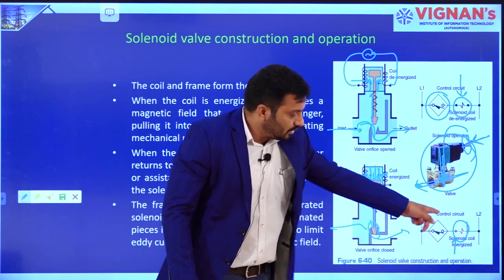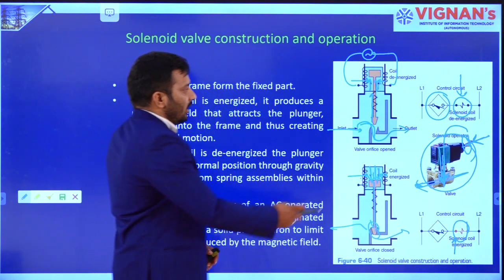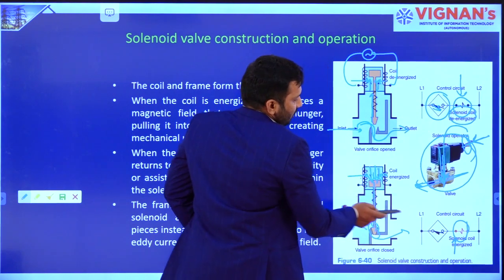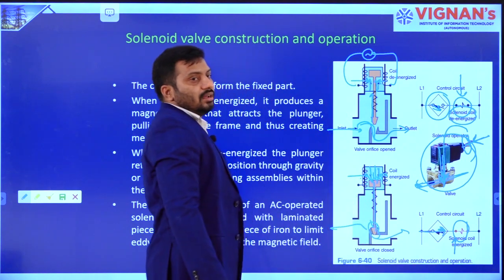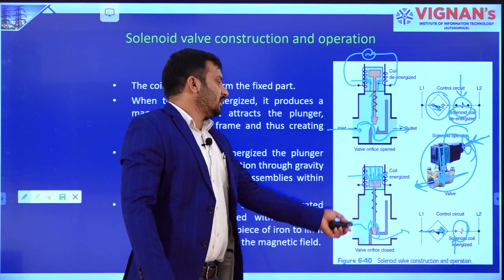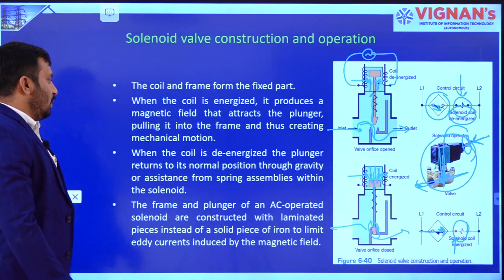Then the water flow or liquid flow does not take place, right. So here also, if it is de-energized, this is the open condition. If it is energized, it is the closed contact, closed condition, right. Based on that, the valve closing or opening takes place inside the solenoid valve.